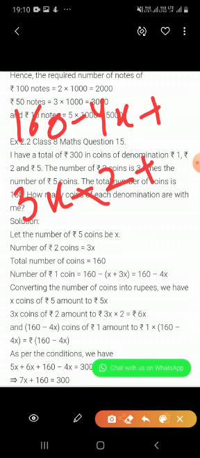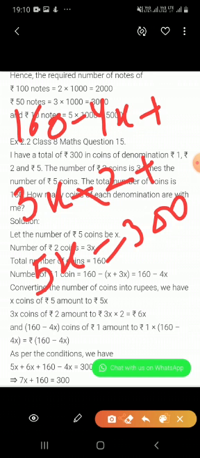Plus 5 rupee coins is x only. So if 5 rupee coins are x, how much money we are having? 5 into x, that is 5x. So we are forming this equation. And total amount is equal to 300. Now like terms we will see, 160 and remaining are this only.